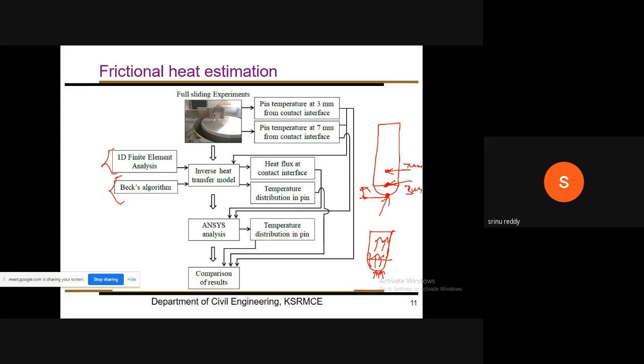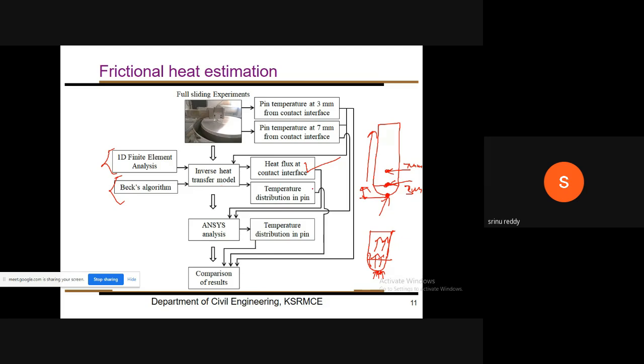We can't measure the heat flux at this position. So from this inverse heat transfer model, we can estimate the heat flux values and temperatures at different points. We measured only at 3 mm and 7 mm, but wherever you want along the length of the specimen, you can calculate from the inverse heat transfer model.